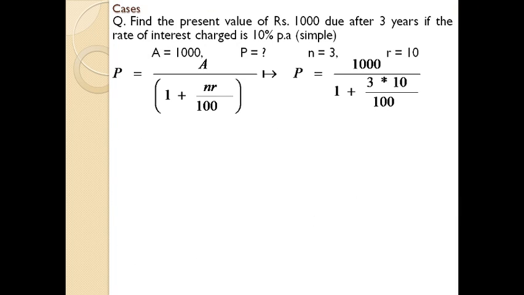So the equation P equal to A divided by 1 plus NR by 100 can be written as P equal to, from the details given in the question, A is 1000 divided by 1 plus N means 3, R is 10 divided by 100. You will get 1000 divided by 1 plus 0.3, that is 3 into 10 divided by 100, which gives 0.3. That is 1000 divided by 1.3, so the value is 769.23.